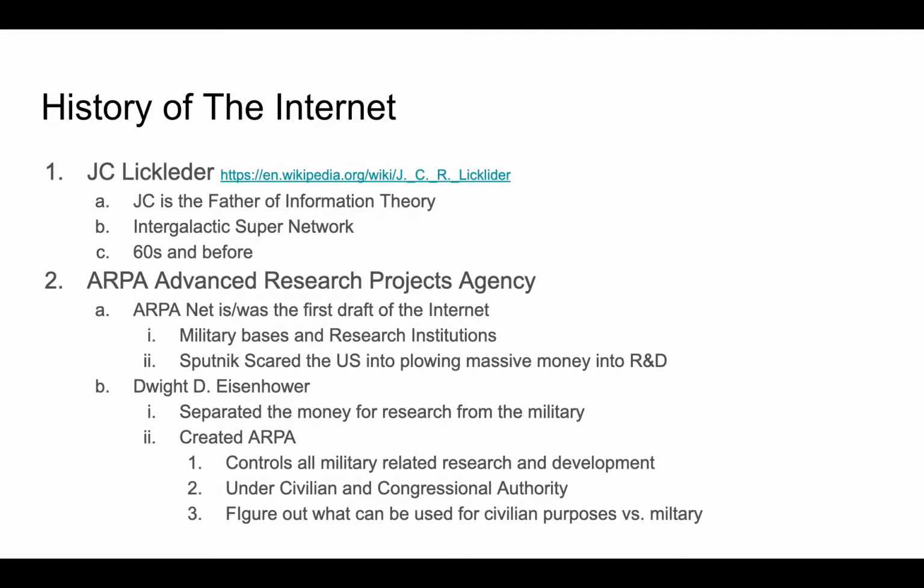So what was happening is the Army's researching something, and then the Navy's researching something. To put it another way, the Navy is researching bullets, the Army's researching bullets, and the Army wants Army bullets, and the Navy wants Navy bullets. Okay? Well, they both want bullets.